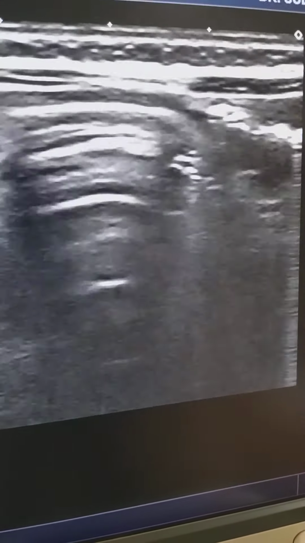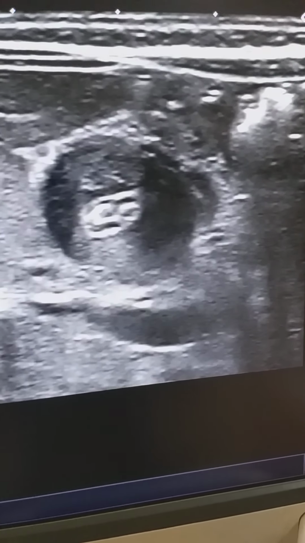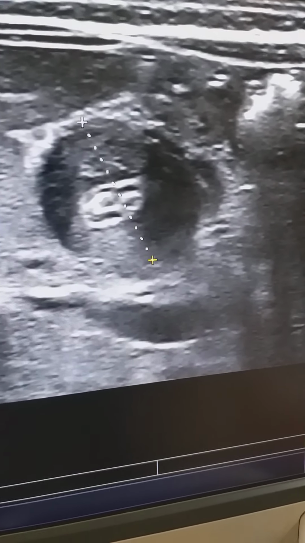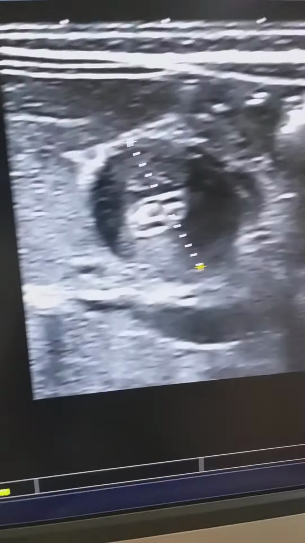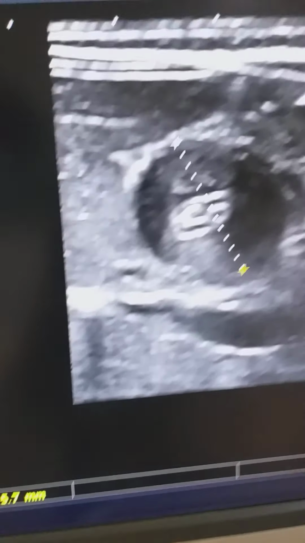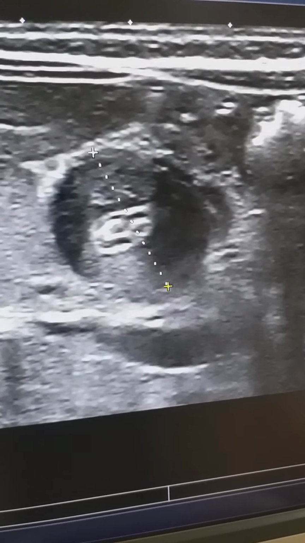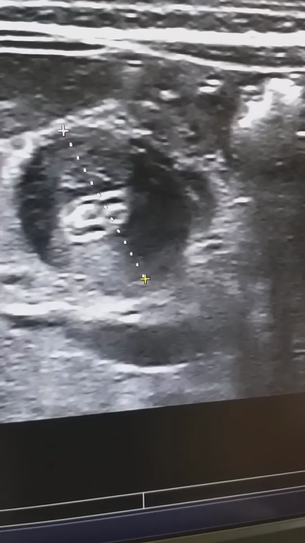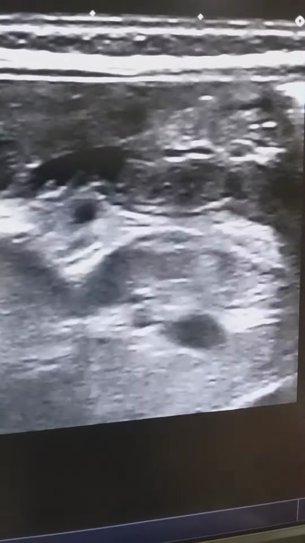And if we go into the transverse measurement, the measurement is more than 15 millimeter, which is less than 11 millimeter in a normal pylorus. So this was the typical case of hypertrophic pyloric stenosis.